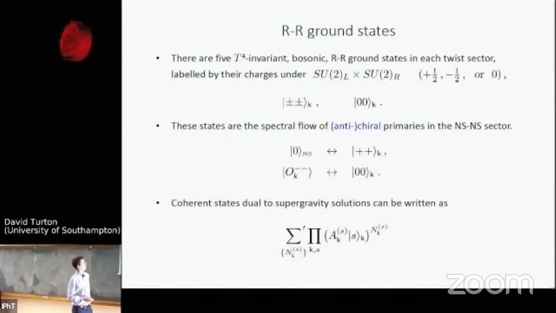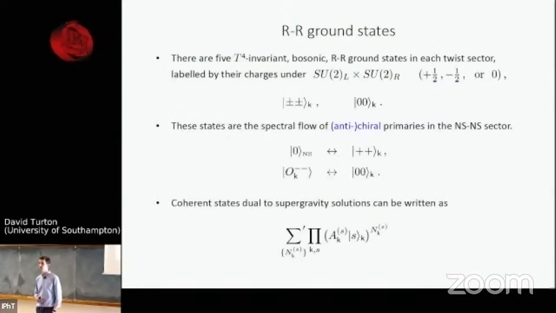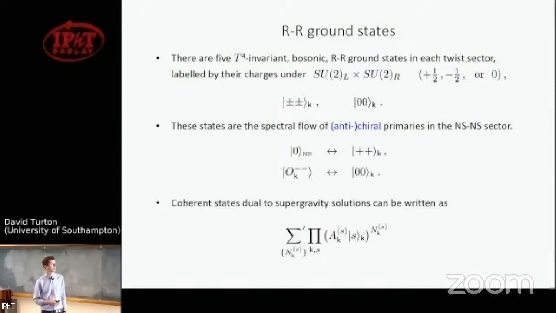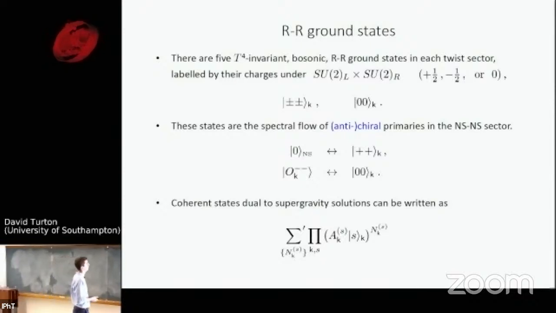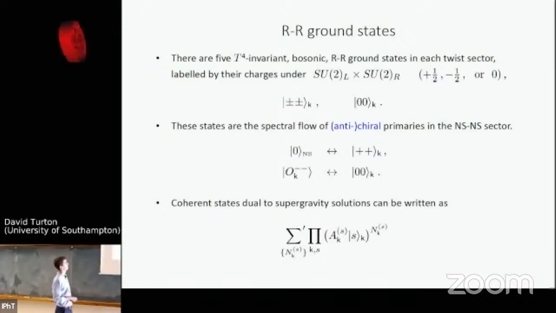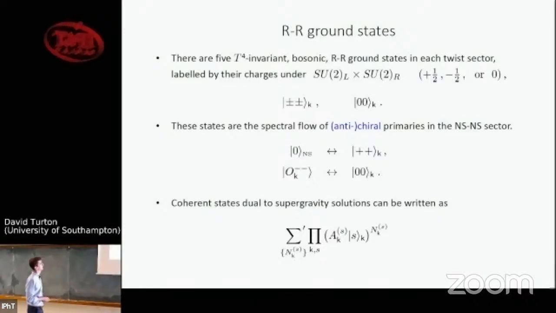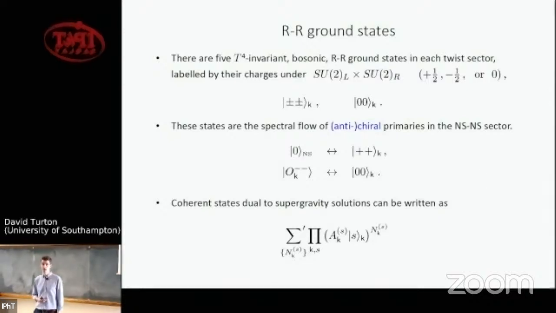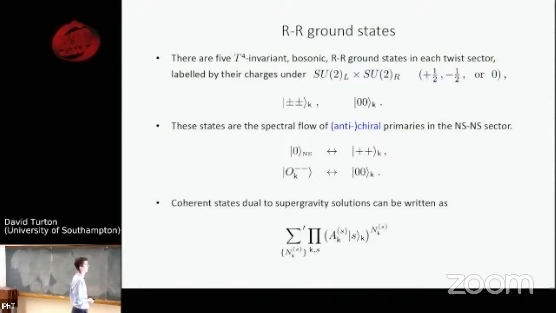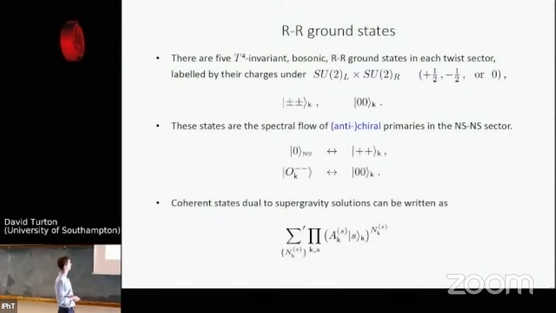In each twist k sector, we have 5 T4 invariant Ramond-Ramond ground states, which we label by their charges under SU(2) left times SU(2) right, the R symmetries of the CFT. And these can take values plus or minus a half, there are 4 states like that, or a neutral state 0,0. And you can obtain these by spectral flow of the antichiral primaries in the NS sector.